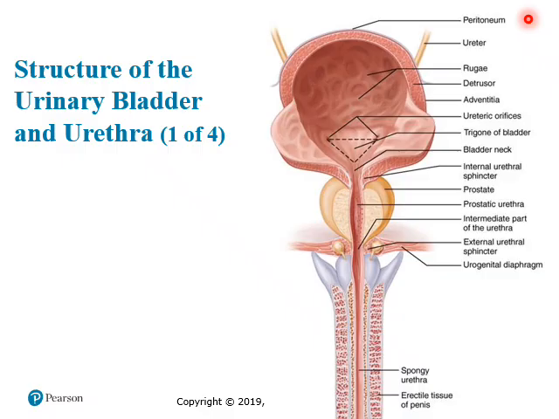Now, in the digestive tract, you have only your outer longitudinal and inner circular muscle. Here there are three layers: an inner and outer longitudinal layer and a middle circular layer, covered by a fibrous adventitia, except on the superior surface where it is covered by peritoneum.